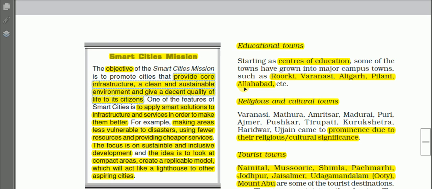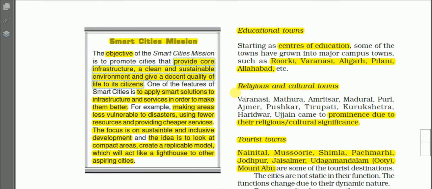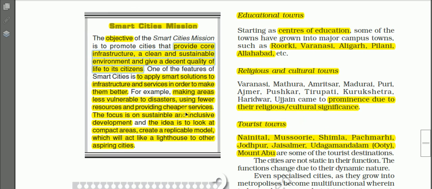So the main objective of the Smart Cities Mission is to promote cities to provide core infrastructure, a very good infrastructure, a clean and sustainable environment, and to give a decent quality of life to all the citizens. One of the features of smart cities is to apply smart solutions to infrastructure and services in order to make them better.